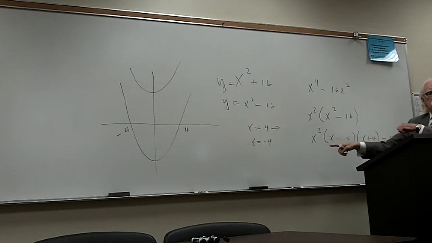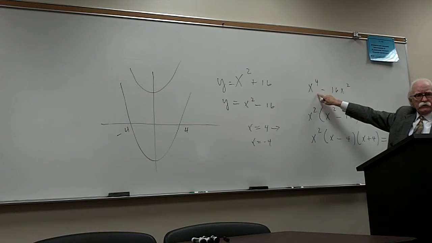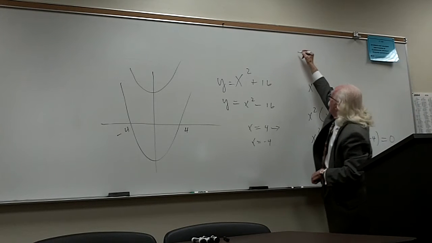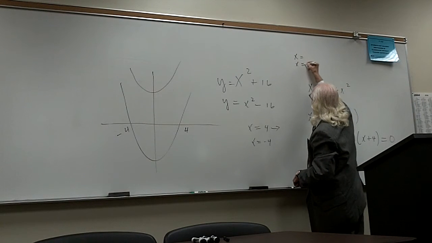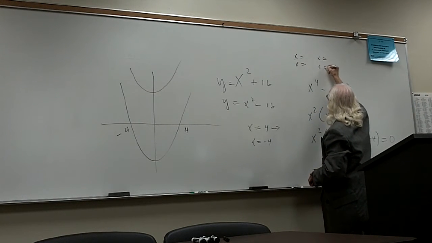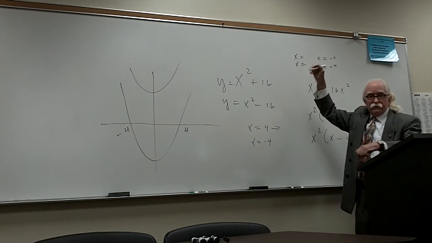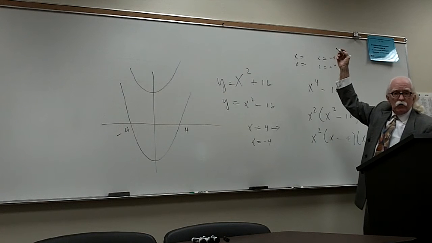Everybody see this now? How many solutions are there to this problem? 4. And what are they? We know negative 4 and plus 4. We know there's 2. What's the other 2? Zeros.